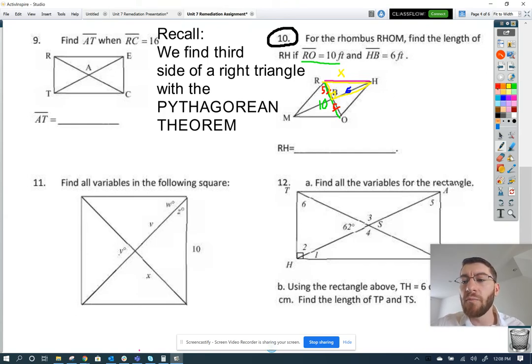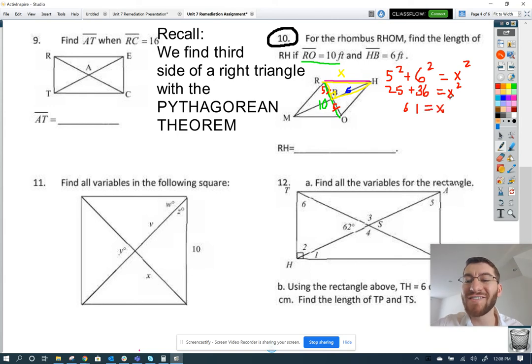So we want to do a squared plus b squared equals c squared. We'll have 5 squared plus 6 squared equals x squared. So we'll have 25 plus 36 equals x squared, and that'll get us 61 equals x squared.